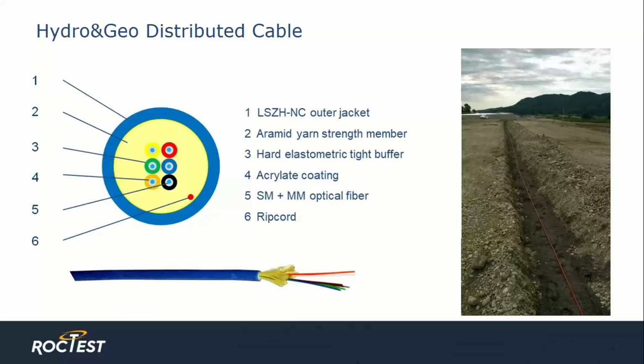The third cable is called Hydro&Geo, and is again a combined strain and temperature sensor. The cable contains 4 single mode and 2 multi-mode fibers to allow the sensor to be used both with the DiTeSt unit for distributed strain and also with the DiTeSt and DTSS unit for temperature monitoring.